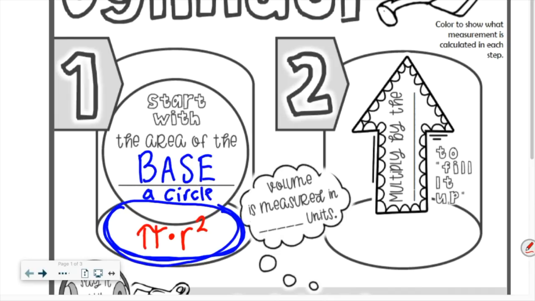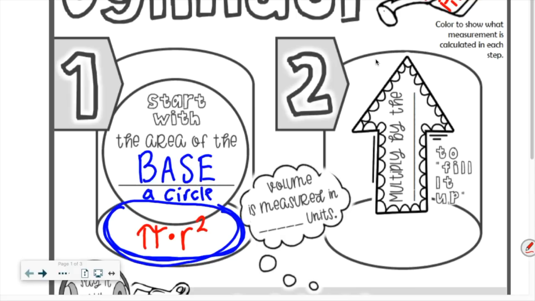Second step, we're going to look up at this little watering can. So if you know the base of your cylinder, you find the base. Now that's just that area. To find volume, you need to multiply it by how high up this cylinder goes. That's how we're going to fill it up to find the volume. So once you know your base, you're going to fill up that cylinder by multiplying the base by the height.